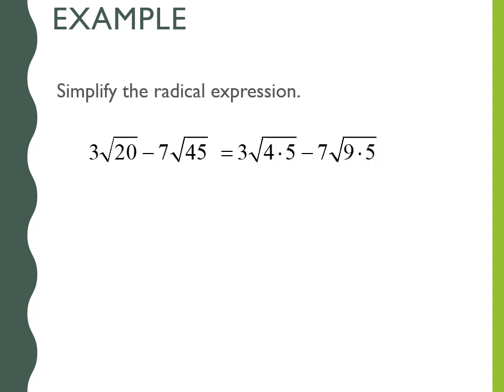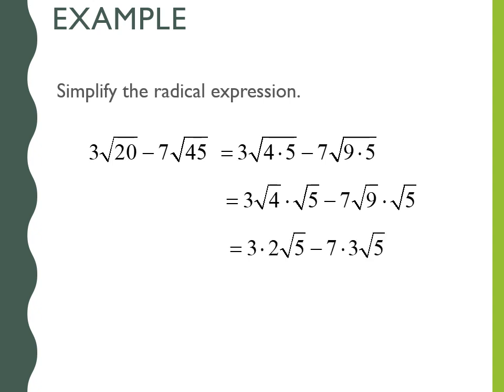So we have 3 times the square root of 4 times 5 minus 7 times the square root of 9 times 5. We know that the multiplication rules of radicals mean that they can separate. So I can take the square root of 4 and the square root of 9, and that leaves me with 3 times 2 square root of 5 minus 7 times 3 square root of 5.